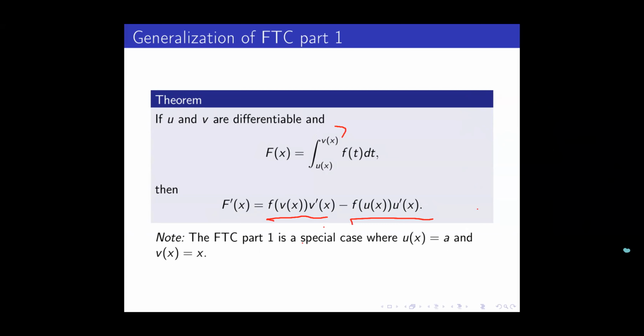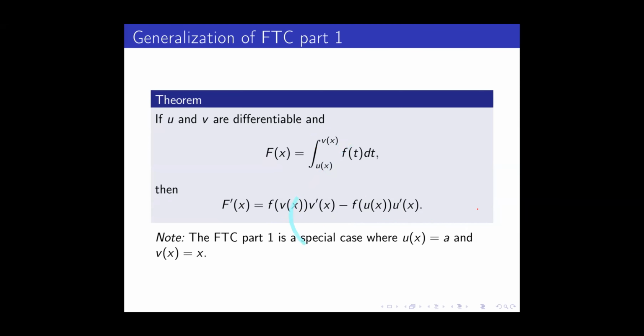The one corresponding to v takes a plus sign, and the one with u takes a minus sign. Otherwise, they are pretty similar. You evaluate f at the endpoint v(x), and then you multiply with the derivative of v. The same goes for the lower endpoint, but that has an extra minus sign here.